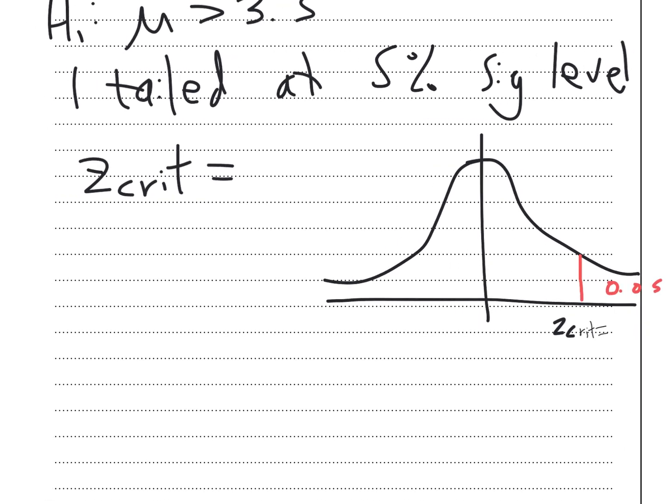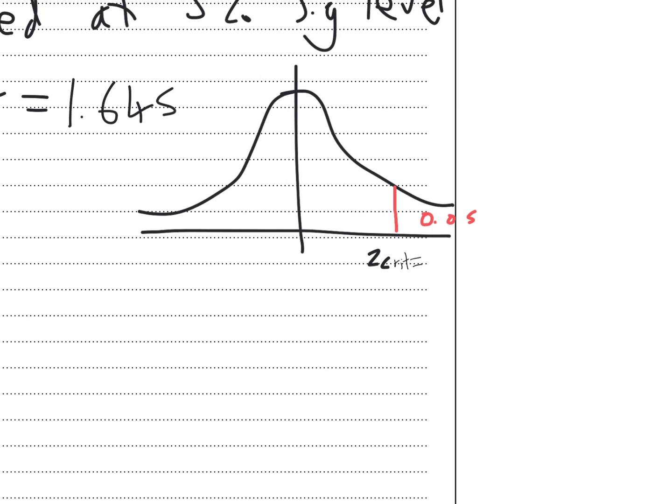On the normal tables, which is page 12 of the formula booklet, I'm looking inside because I'm looking for an area. 0.95 is 1.645. So 1.645 is here. If you've got a value less than 1.645, you're in the acceptance region. And if you are bigger than 1.645, you're going to be in the critical region.